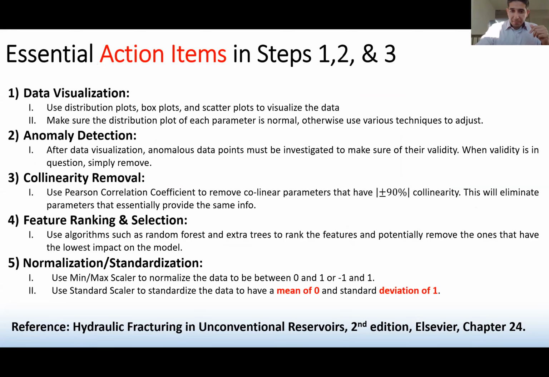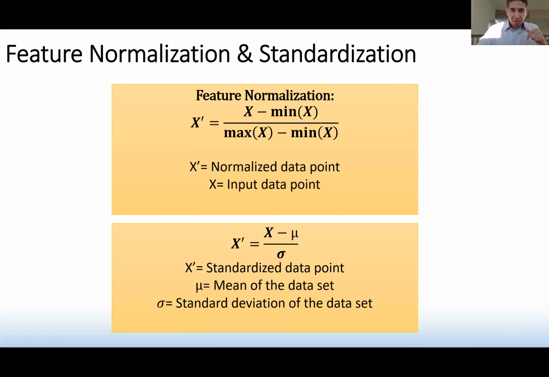So now let's go and just show you the equations for feature normalization and feature standardization. Feature normalization, as I said, is taking x minus the minimum of x, divided by the maximum minus the minimum of x, which will transform your data to have a scale between 0 and 1, okay?